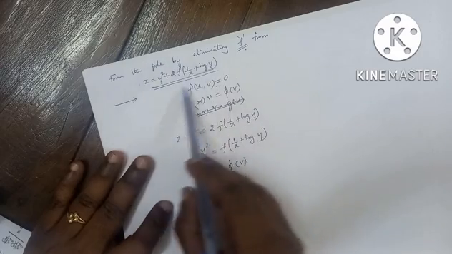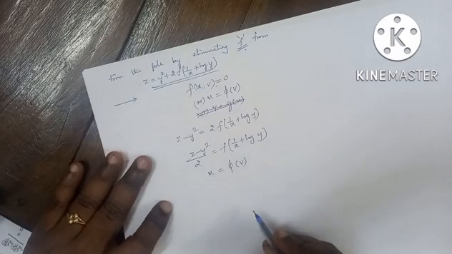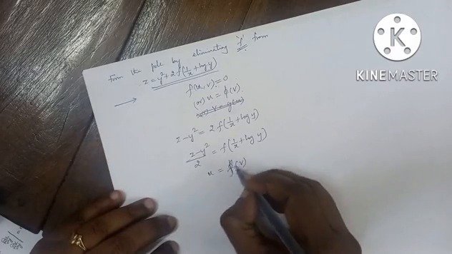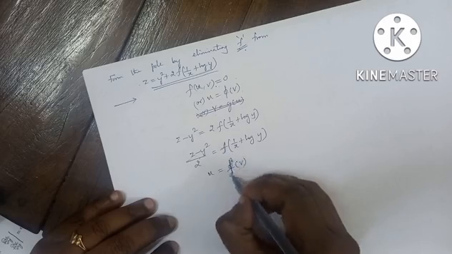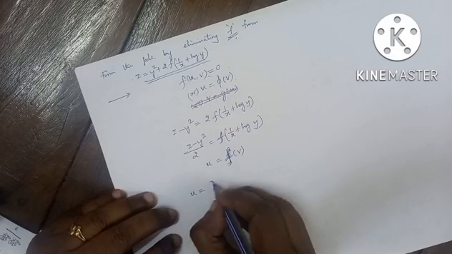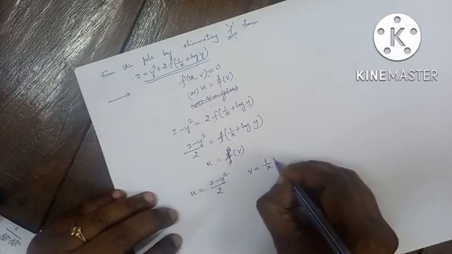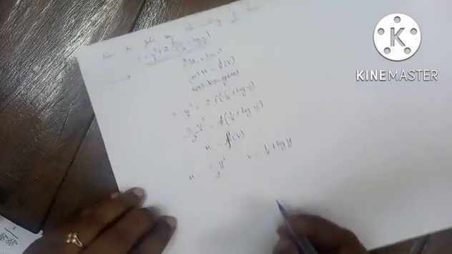Since it is not in the standard form, let us rewrite it. Now it becomes u is equal to f of v, okay, where u is equal to z minus y square by 2, v is equal to 1 by x plus log y, okay.